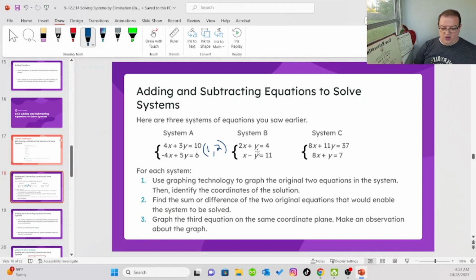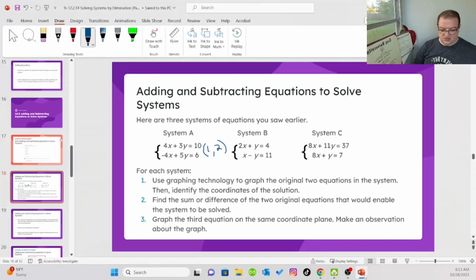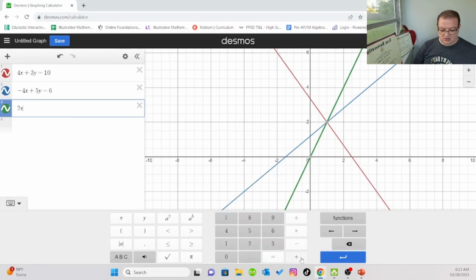So now we want to do system B. So let's try 2x plus y equals 4.